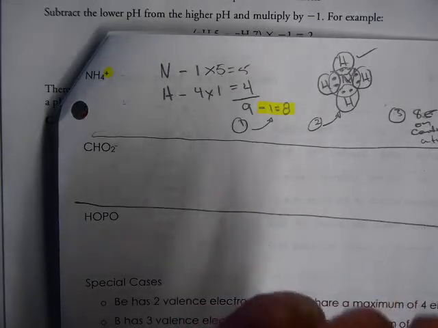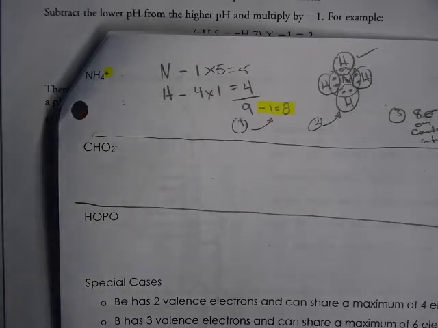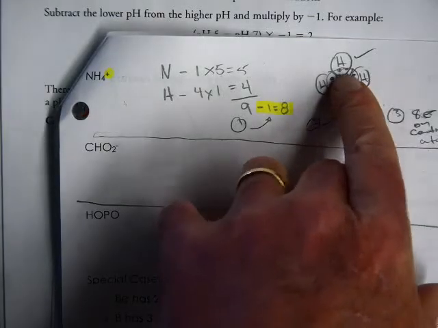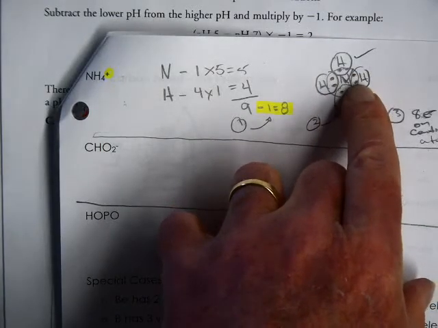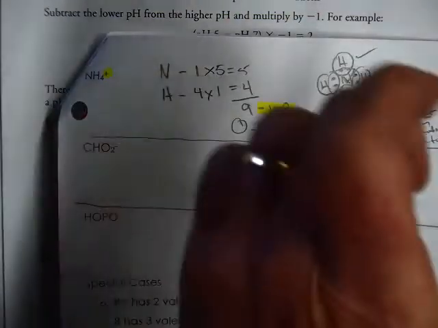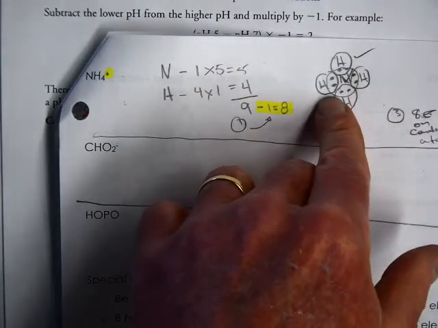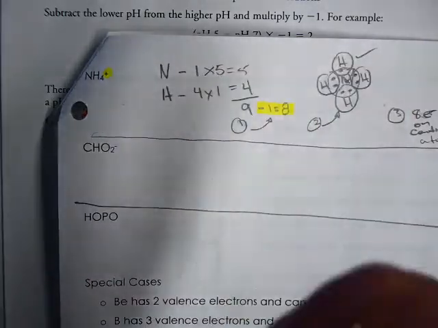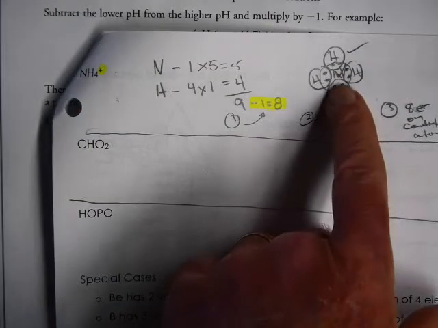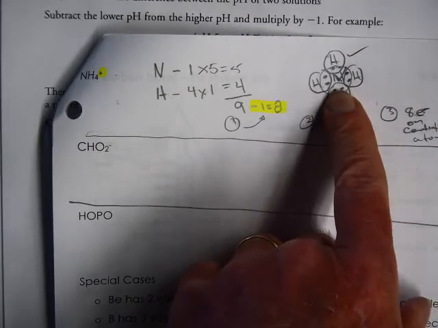Step 3 is to add enough electrons around the central atom to complete the octet, or 8. So I did 1, 2, 3, 4, 5, 6, 7, 8. And then any additional electrons are going to be put surrounding the other electrons. But here's the thing: in this case, I have used up all 8 electrons on the nitrogen.